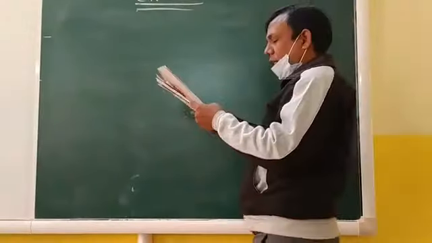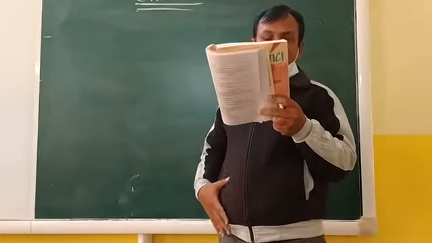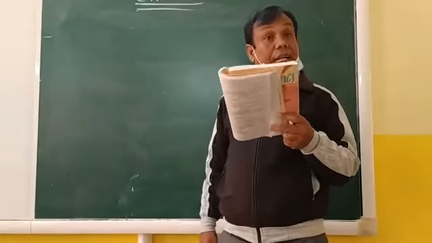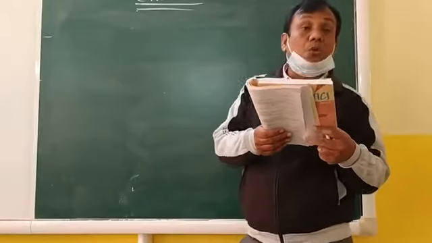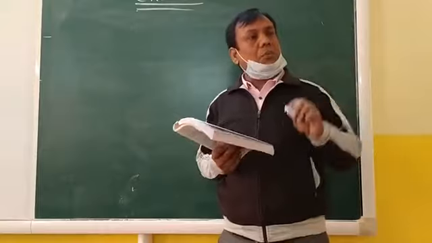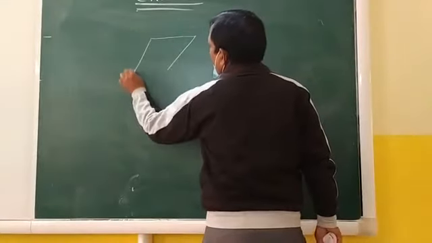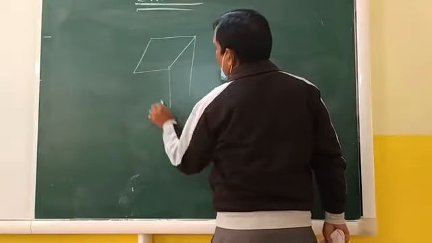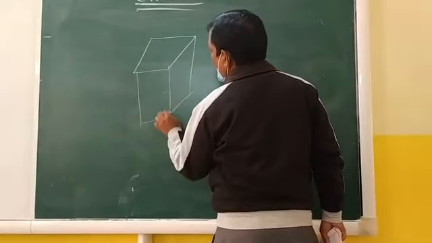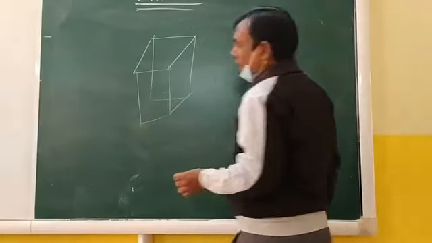So next question is question number 5. A die marked 1, 2, 3 in red and 4, 5, 6 in green is tossed. What kind of die is this? See, this is a die, right?